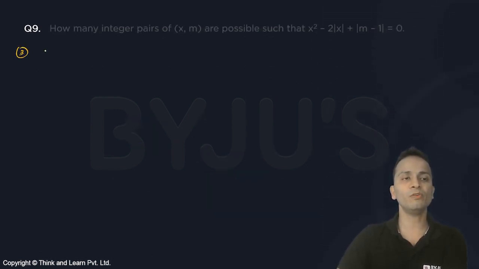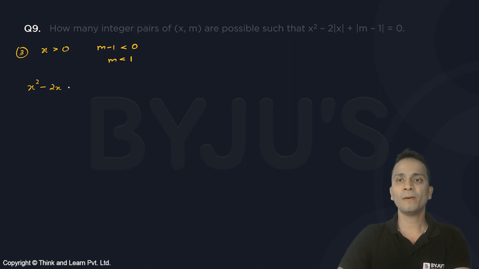Case number 3 will be when x is greater than 0 and m minus 1 is less than 0. That means m will be less than 1. All right. So the equation will be x square minus 2x minus m plus 1 equal to 0. So I can write it as x minus 1 whole square is equal to m.